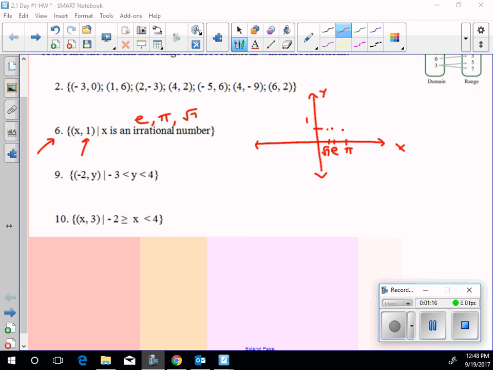Did you know that there are an infinite number of irrational numbers? There are. So technically, we just have this now, because there's an infinite number of irrational numbers, that's a solid line.